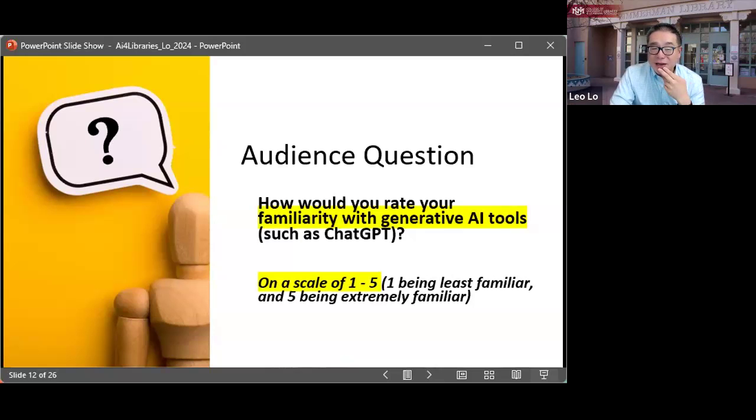This is one of the questions I asked in the surveys. So I'd love to get a sense of where this audience is as well. So Fernando is putting in the poll.